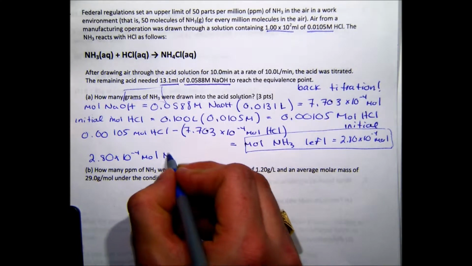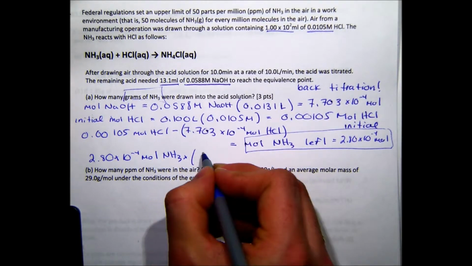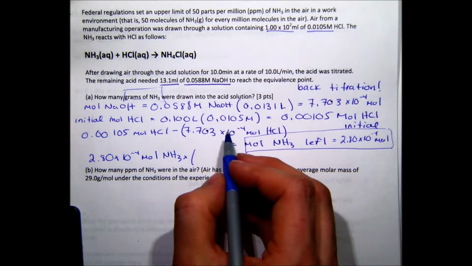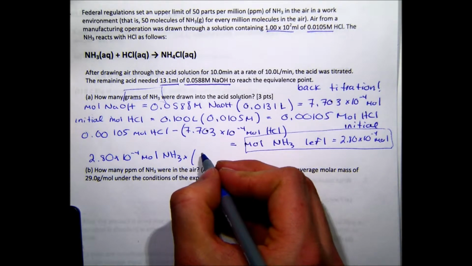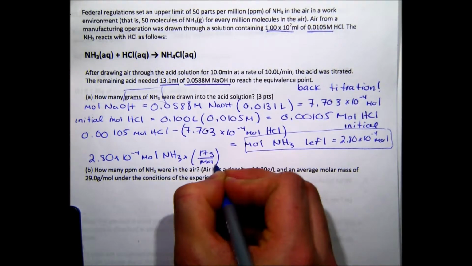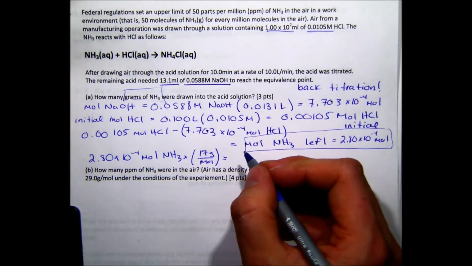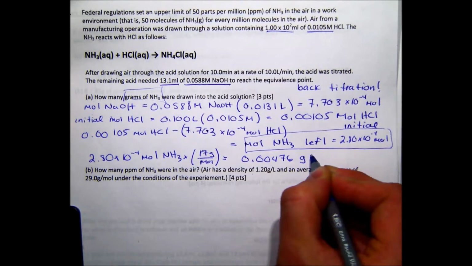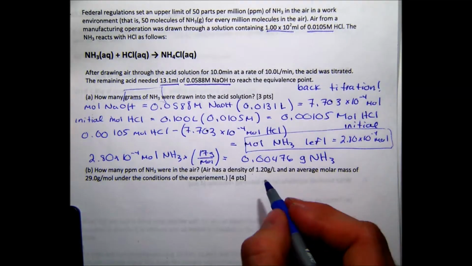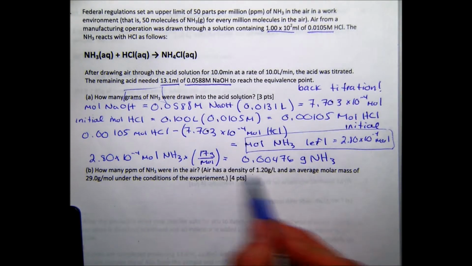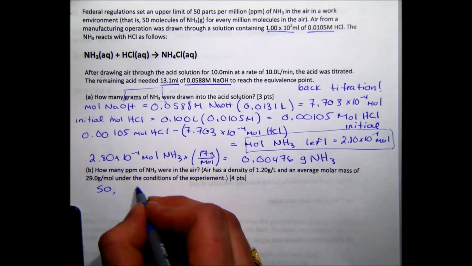So 2.8 times 10 to the negative 4 moles of ammonia times the molar mass of ammonia, which is 14 grams for the nitrogen, and then 3 grams for the hydrogen, so 17 grams per mole, giving us 0.00476 grams of ammonia that can be accounted for, which completes part A.